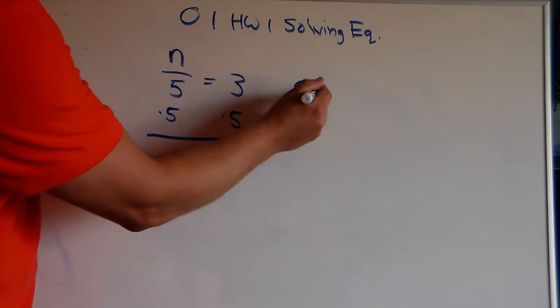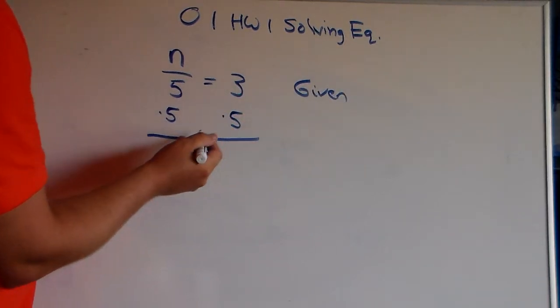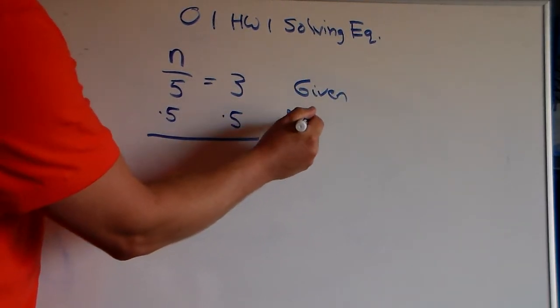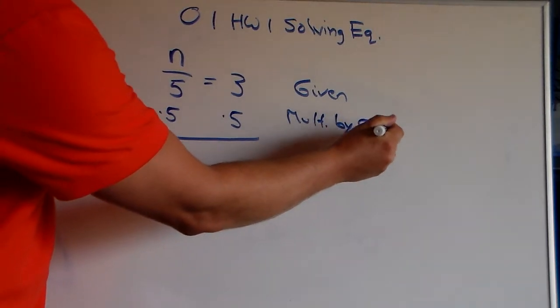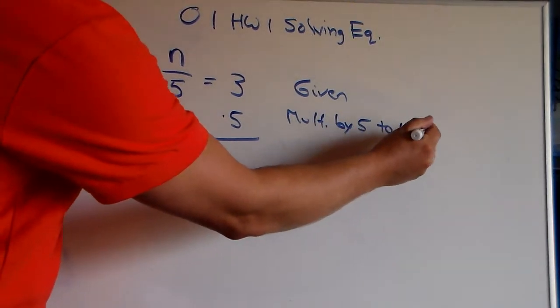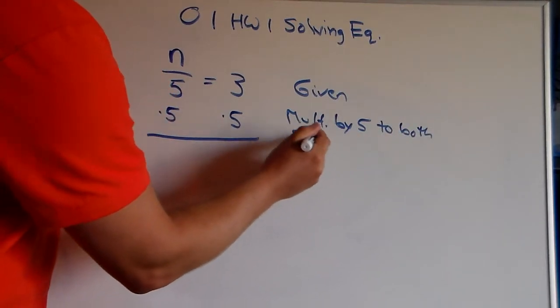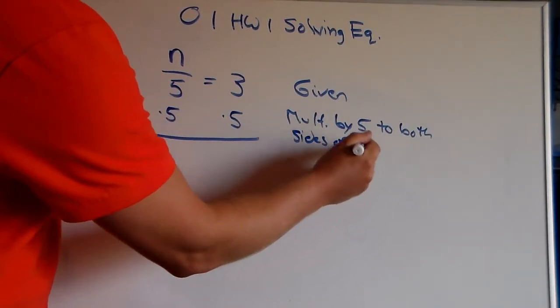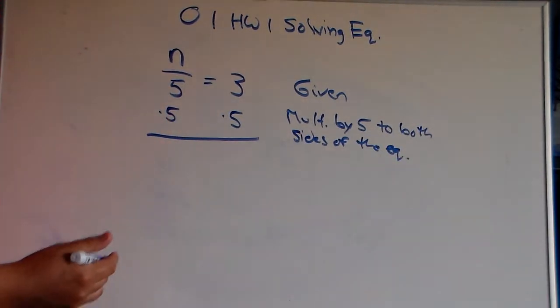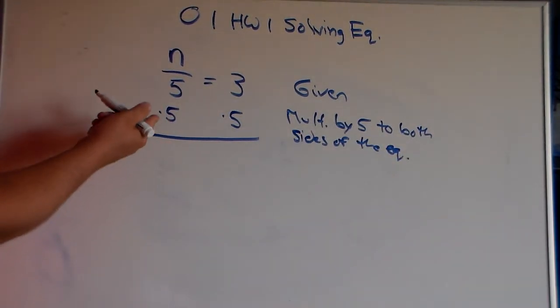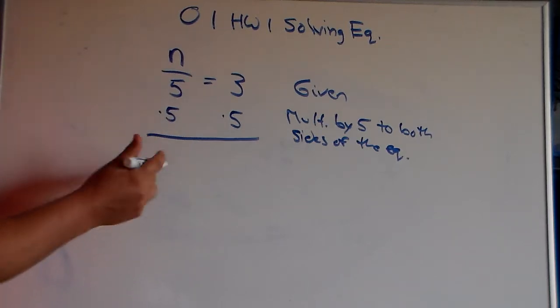So the problem is given. And then we multiplied by 5 to both sides of the equation. N divided by 5 and then times 5, they cancel each other out.